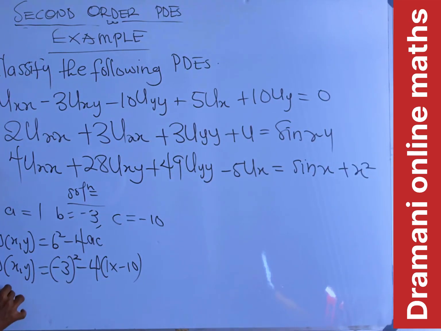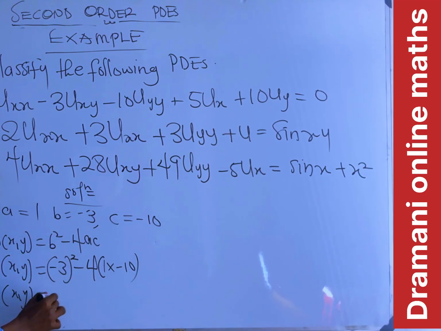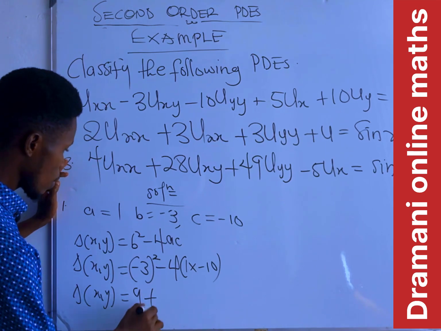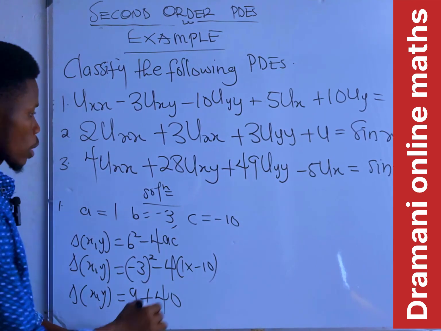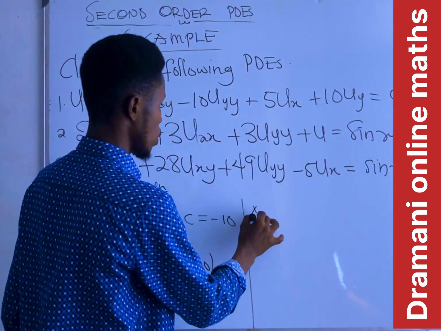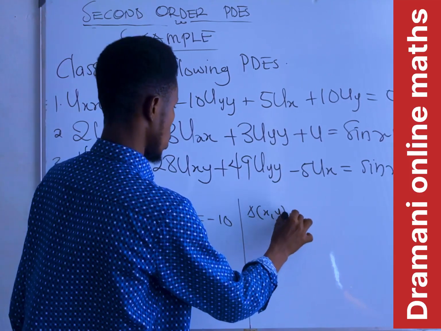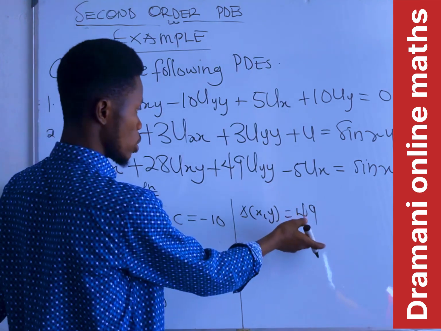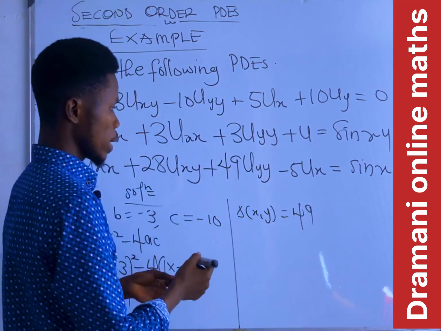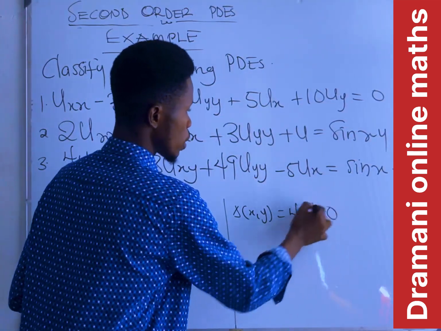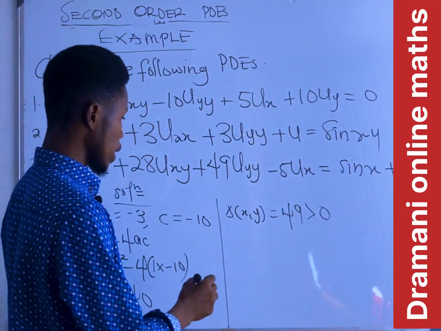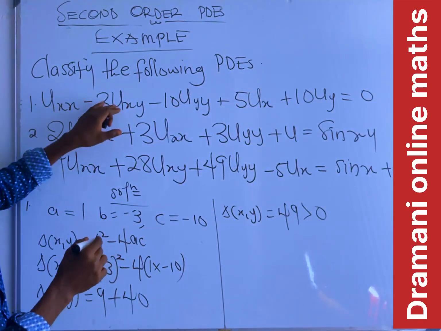So this will give us +9. Negative times negative giving us +40. Is that okay? So in this case, our discriminant is 49. When I add these two, I get 49. Now you see that this 49 is greater than 0. Is that okay?